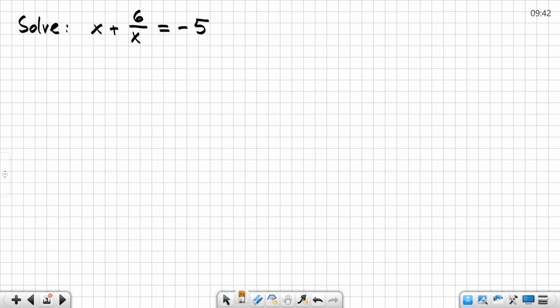All right, let's do another one. Here's an equation that we want to solve. So first, let's find the least common denominator. There is really only one denominator there, and that is the denominator x. So the least common denominator is going to be x. Now, let's not forget this time that we are supposed to find the restrictions.